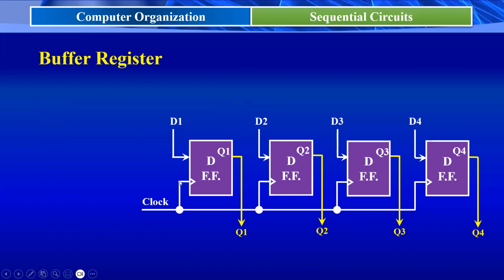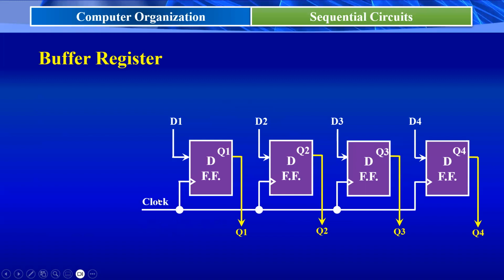This is a 4-bit buffer register. Here I have 4 D flip-flops, that is D flip-flop 1, D flip-flop 2, D flip-flop 3, D flip-flop 4. And the clock signal is commonly applied to all these D flip-flops, so the register is a synchronous sequential logic circuit because all the flip-flops take a common clock signal.